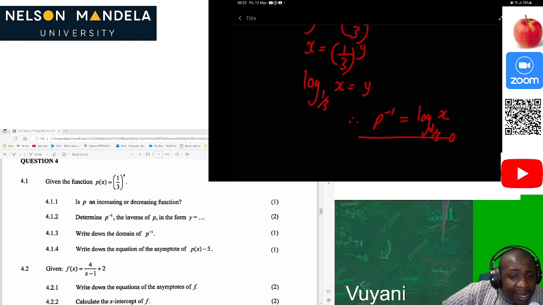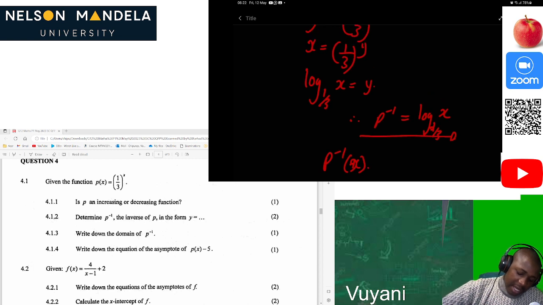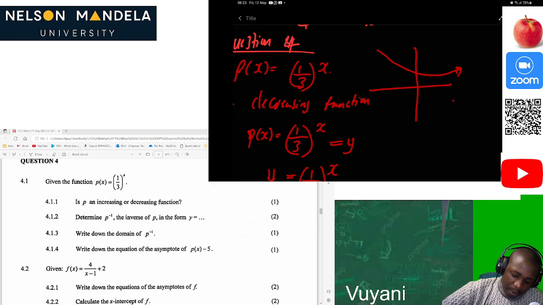Now determine the domain of p inverse. We know p inverse of x is the inverse of this function. The original function's domain was x an element of real numbers, and the range was y greater than 0.